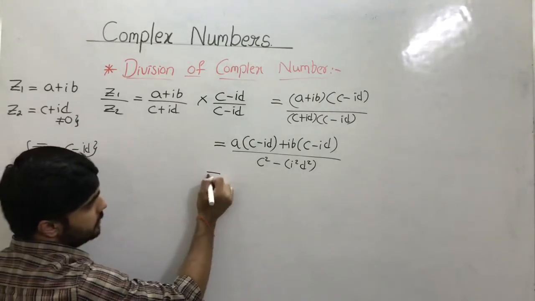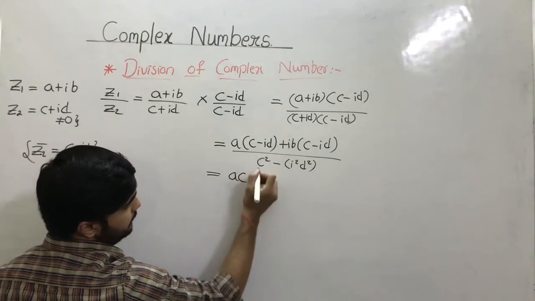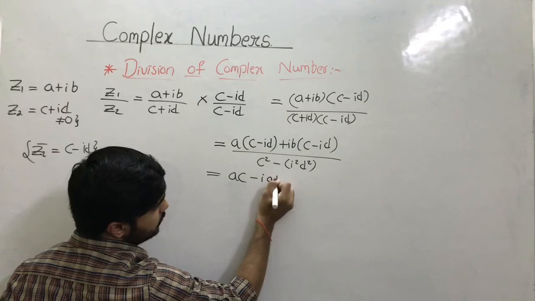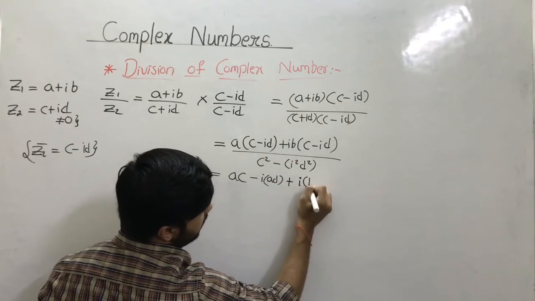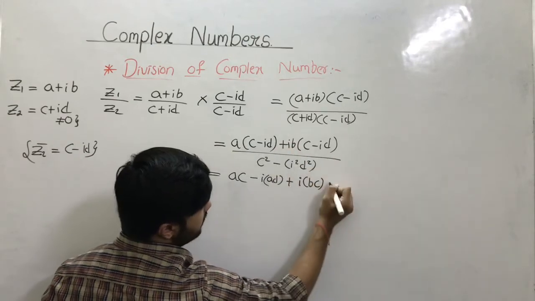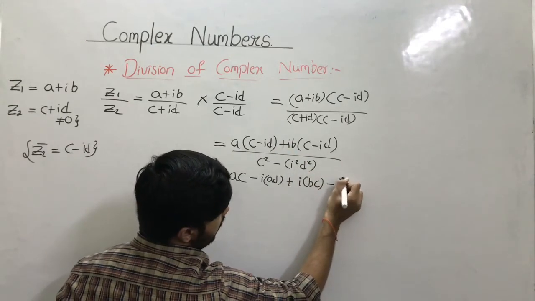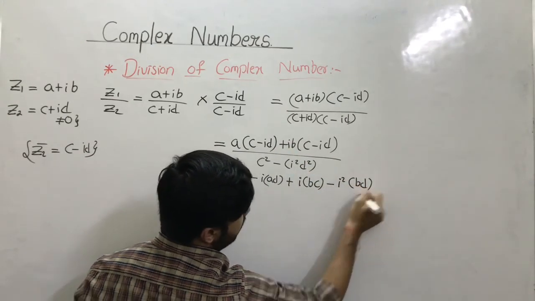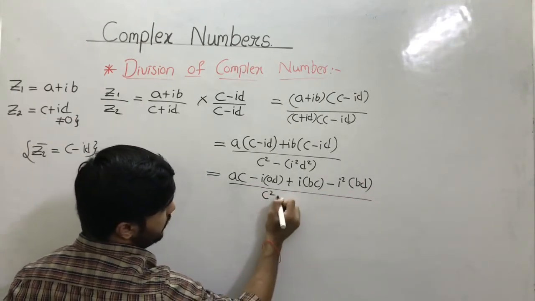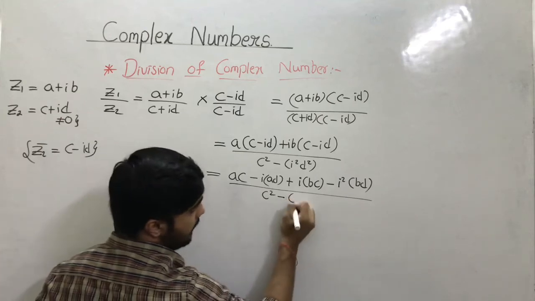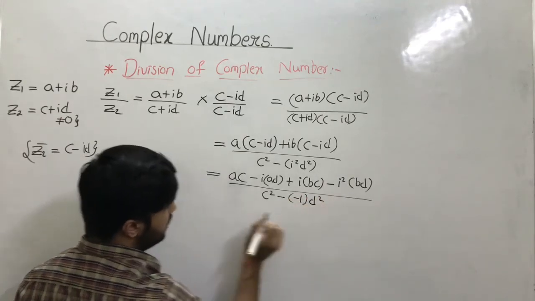Now we will solve this. So this will be ac minus i times ad, plus i times bc, and plus into minus is minus i square bd, upon c square minus i square, which is minus 1, into d square.